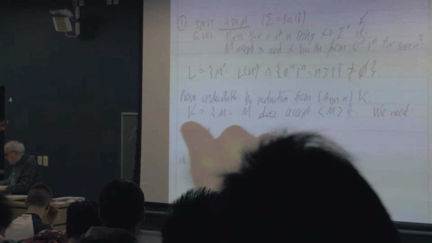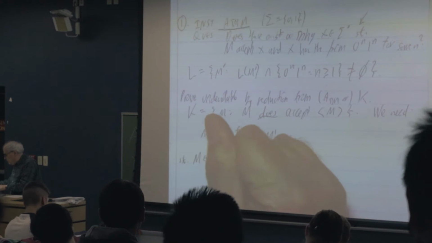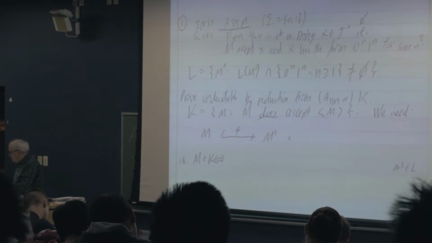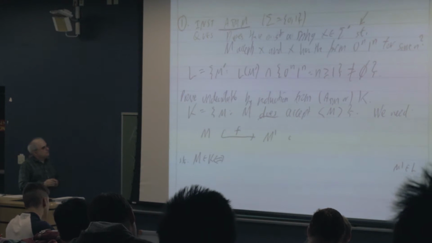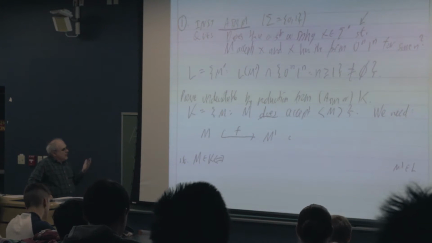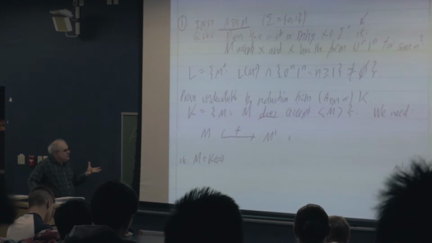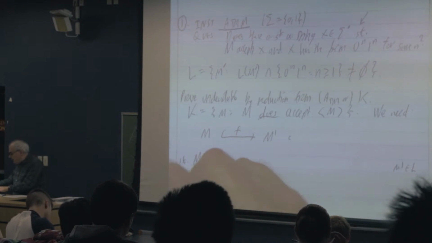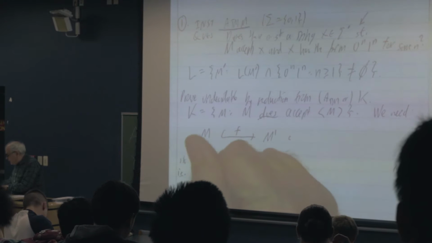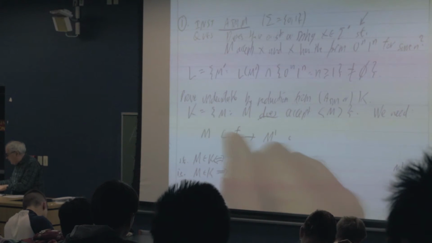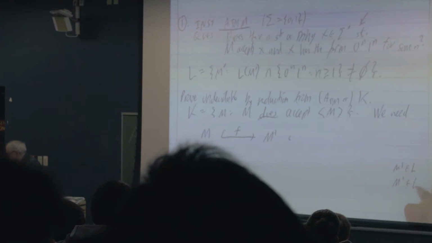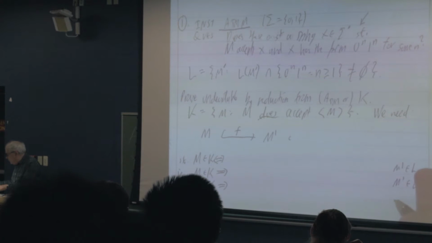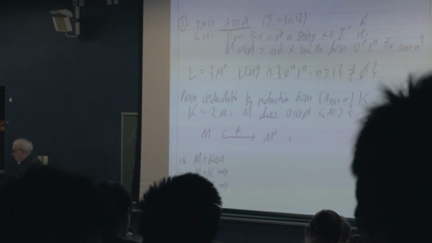We need M is in K if and only if, and over here, write M prime in L. In some of these problems, you can do the if and only if in one swoop. But it's actually a good idea, even further, to break it up and say M in K implies you're going to get M prime in L, and M not in K implies you might get M prime not in L.